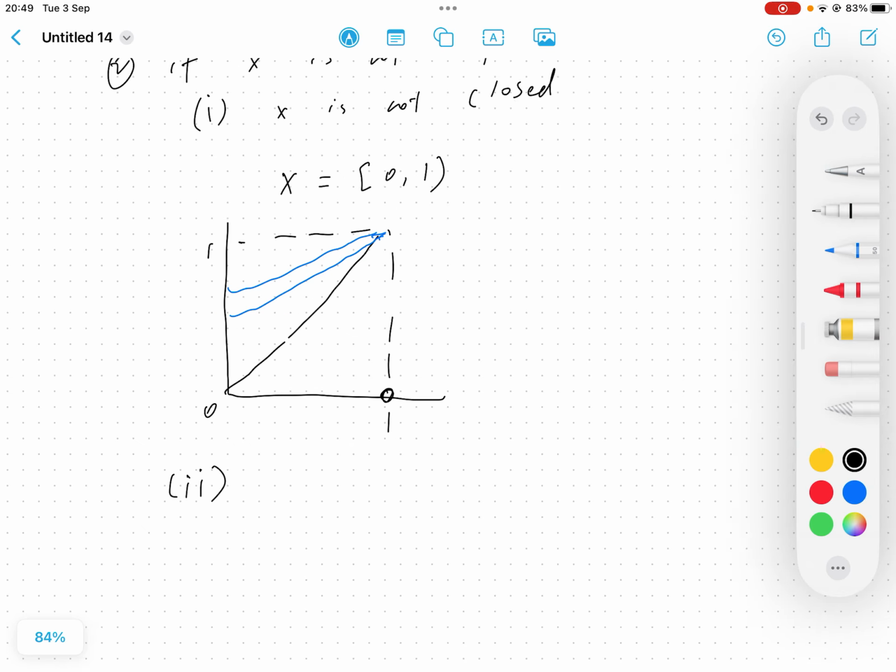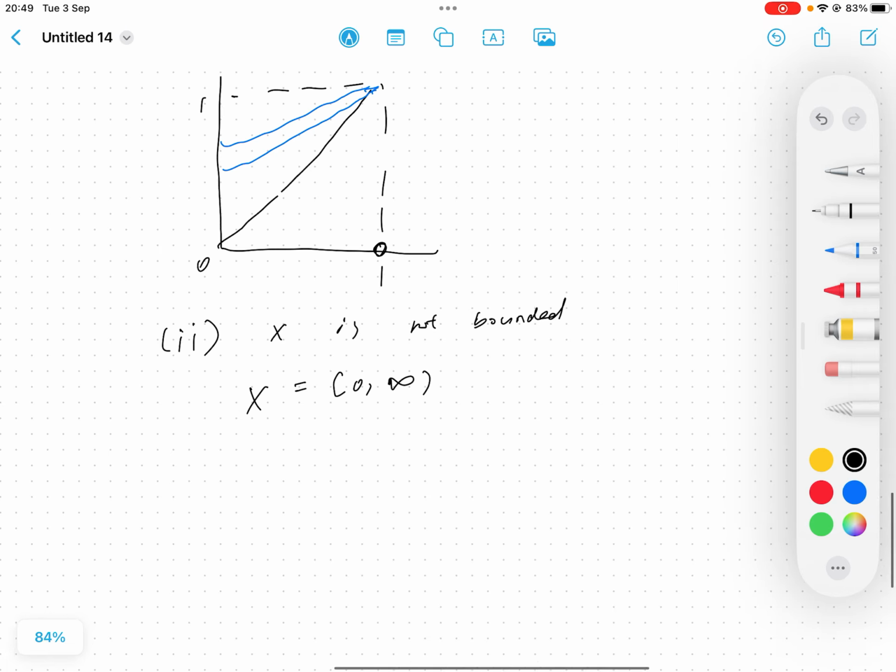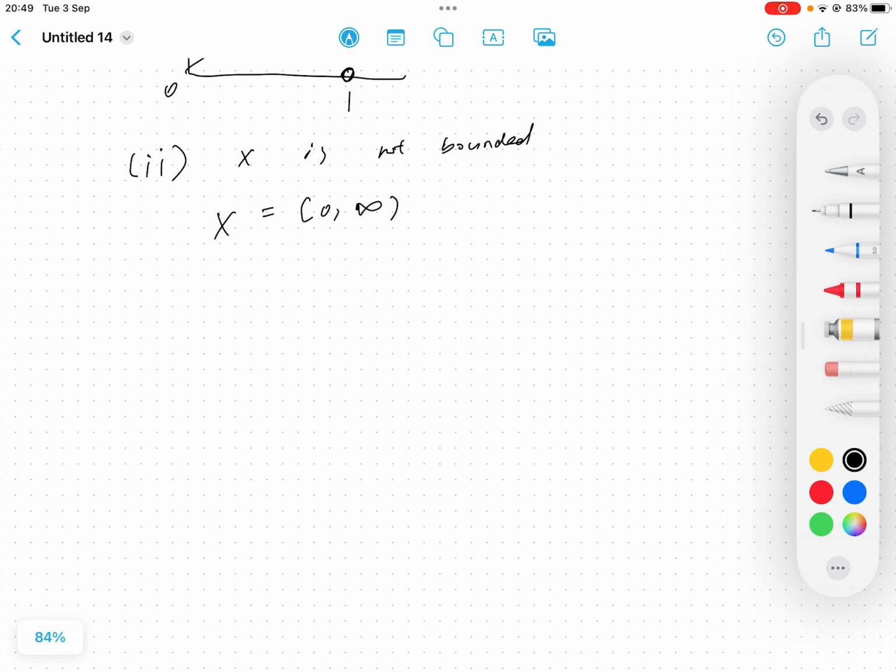The other case is that X is not bounded. Suppose X is from 0 to infinity. It would be something like this. This is the 45-degree line, and it goes all the way up there.